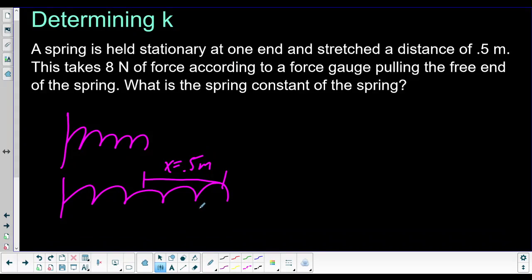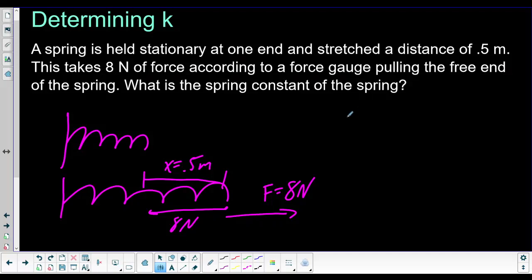And it took us 8 newtons of force to do that. This means, because of Newton's third law, that if I apply 8 newtons of force to the spring, the spring applies 8 newtons of force back on me. Just so we're clear, just so we make that connection.